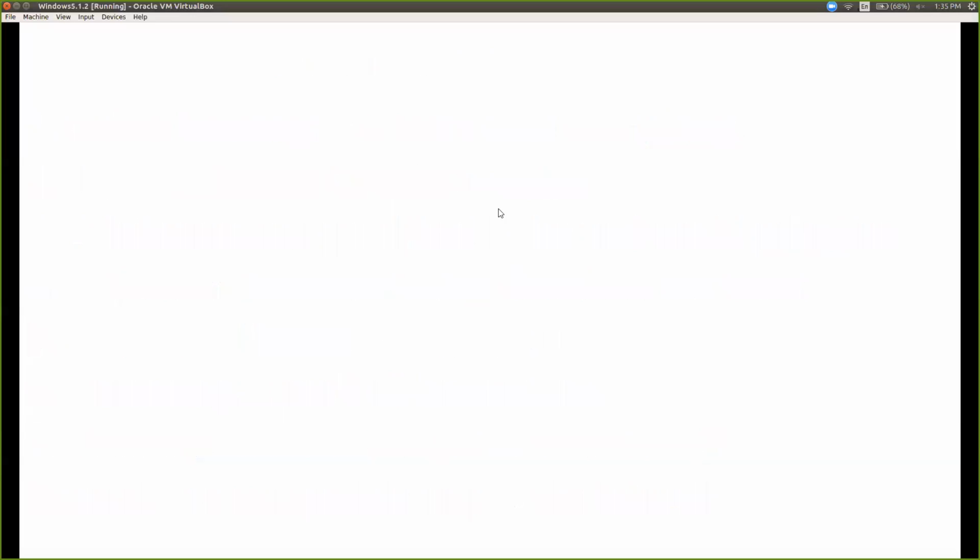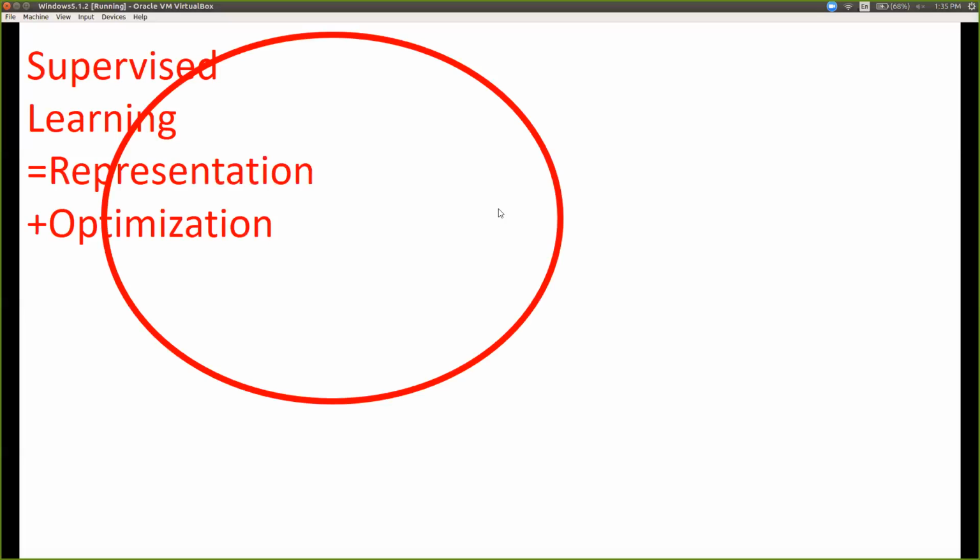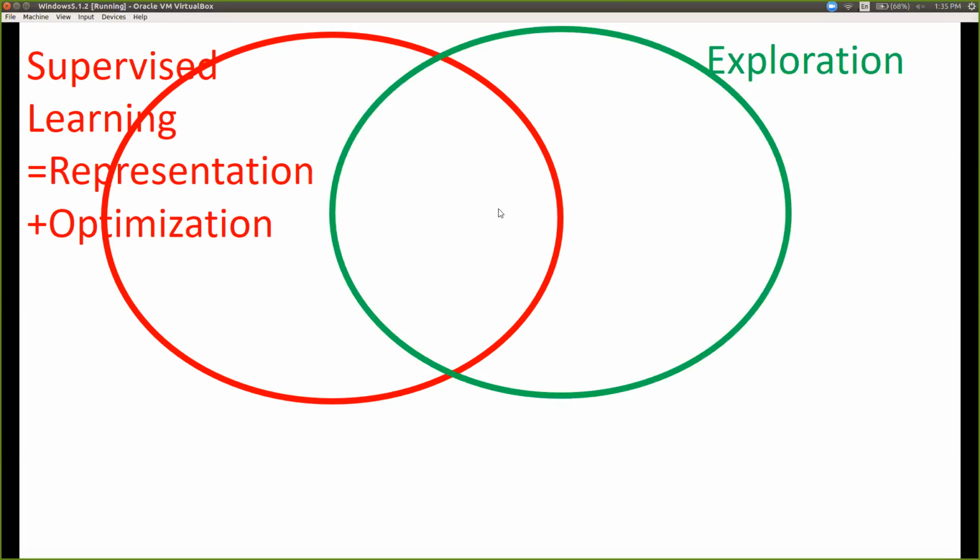But I wanted to go into detail on 3 of these. So there's sort of supervised learning, which is representation, optimization, and samples. And then there's exploration. So exploration is just choosing which samples you're going to get.